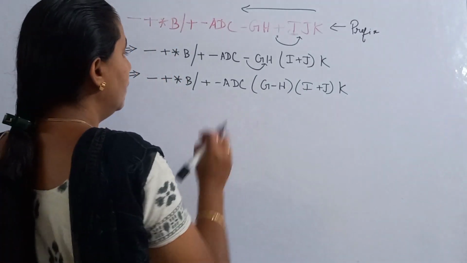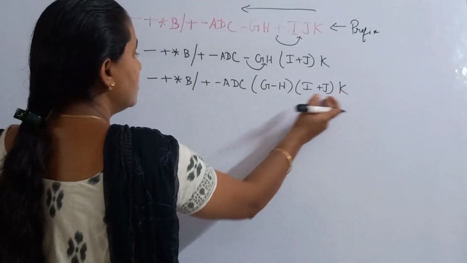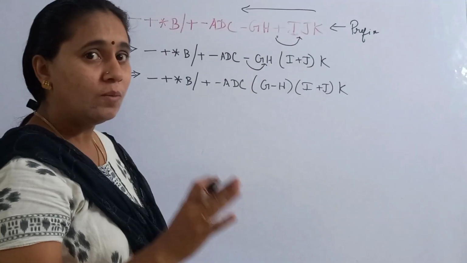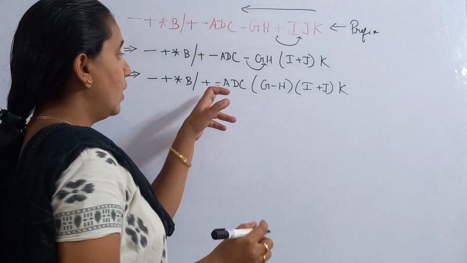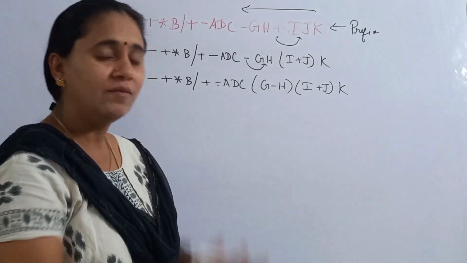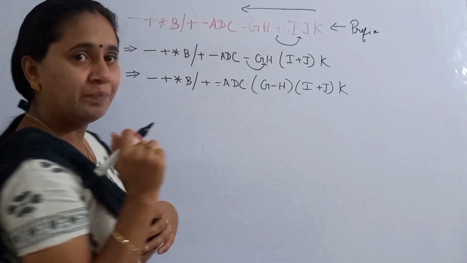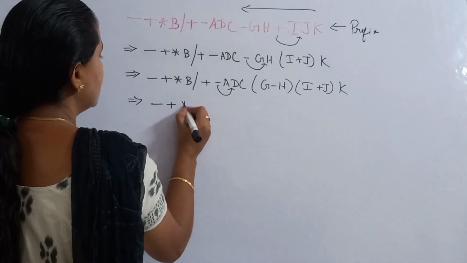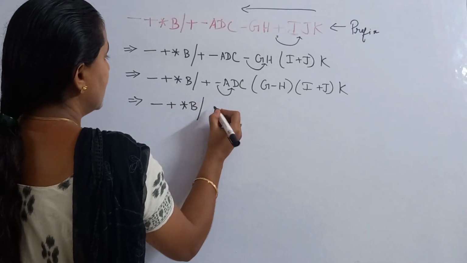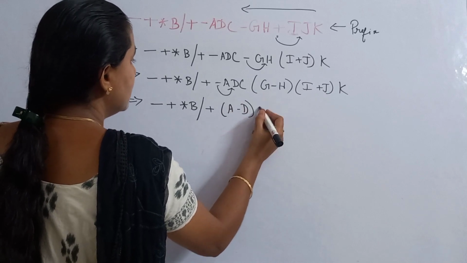Now we will go for searching from rightmost. Once you start to search from rightmost, the next operator you are going to see is the minus operator. Once you see it, we are going to stop and move it to the nearest operand, which is here A. Now shift it. If you shift, you will get minus plus asterisk b slash plus a minus d c.